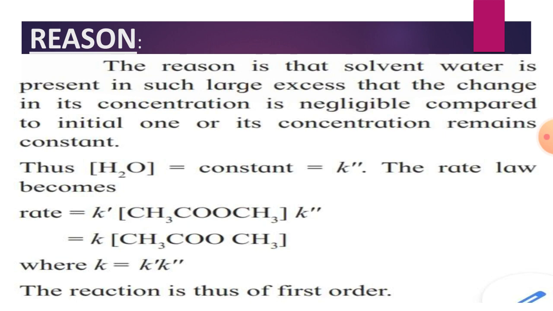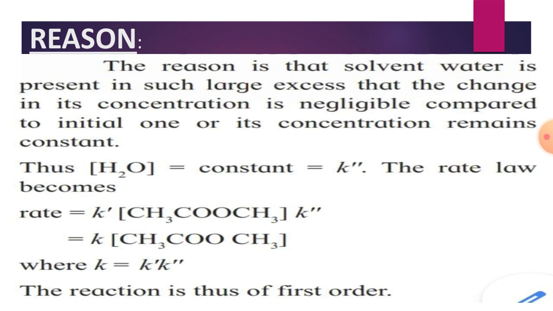So here at the end, the rate of the reaction depends only on one of the concentrations of the reactant, and that concentration is your methyl acetate. It does not depend upon the concentration of water. Why?